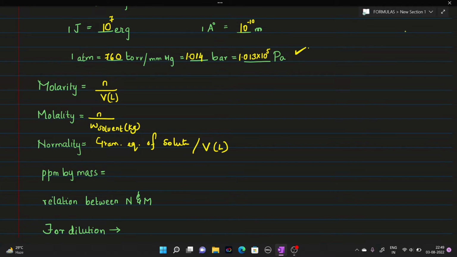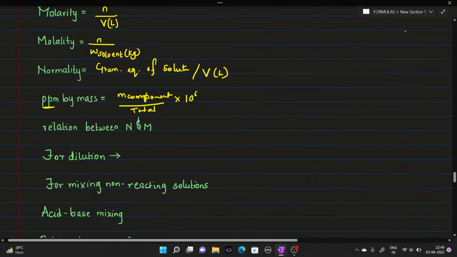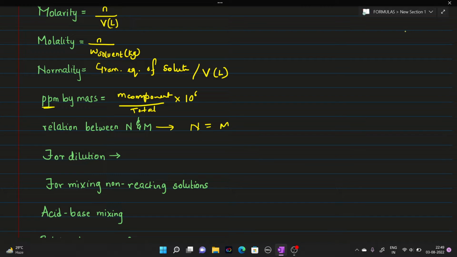Then parts per million by mass. This is nothing but mass of the component divided by total mass, multiplied by 10 to the power 6. Next, the relation between normality and molarity: normality is molarity multiplied by n factor.